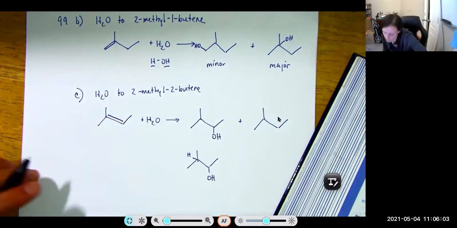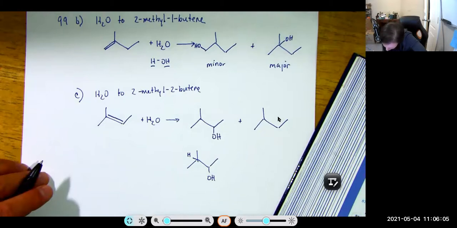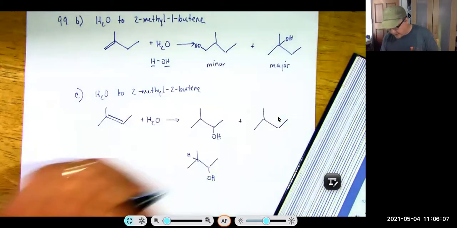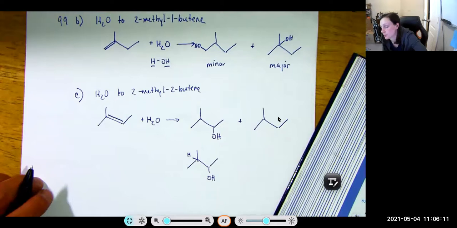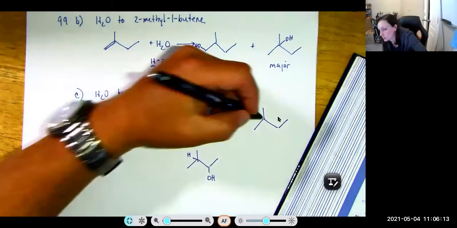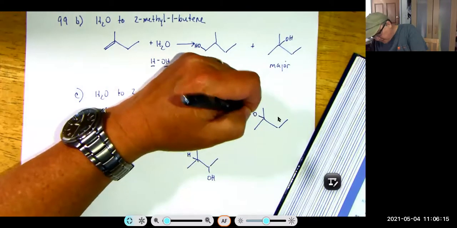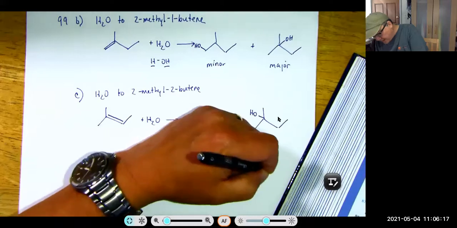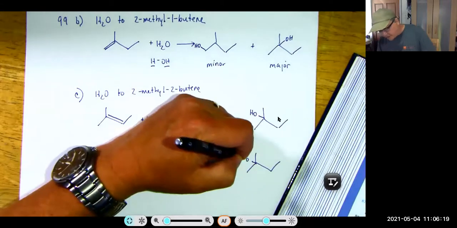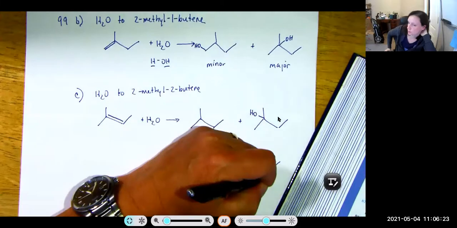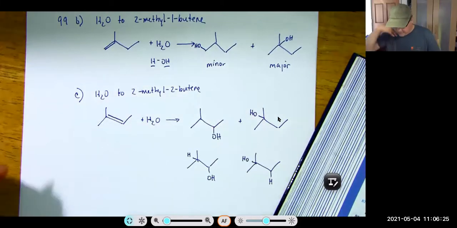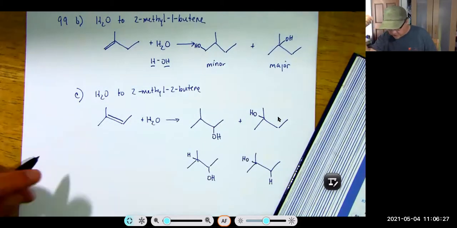That helps. Where did you put the OH on this other product? On carbon 2. So what am I going to draw down here below to show that the hydrogen added to the other carbon? H. Okay, hydrogen. So which one's the major and which one's the minor?